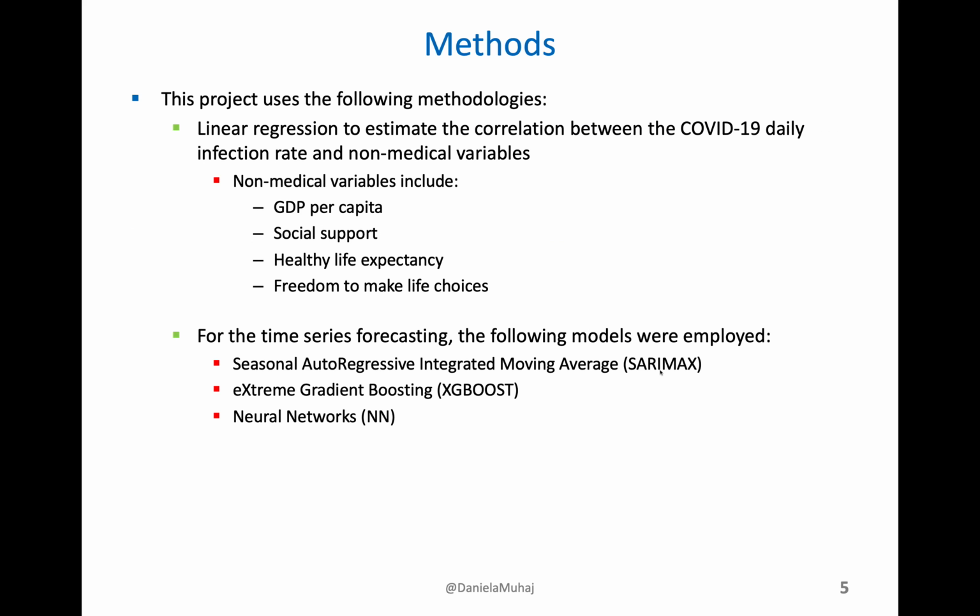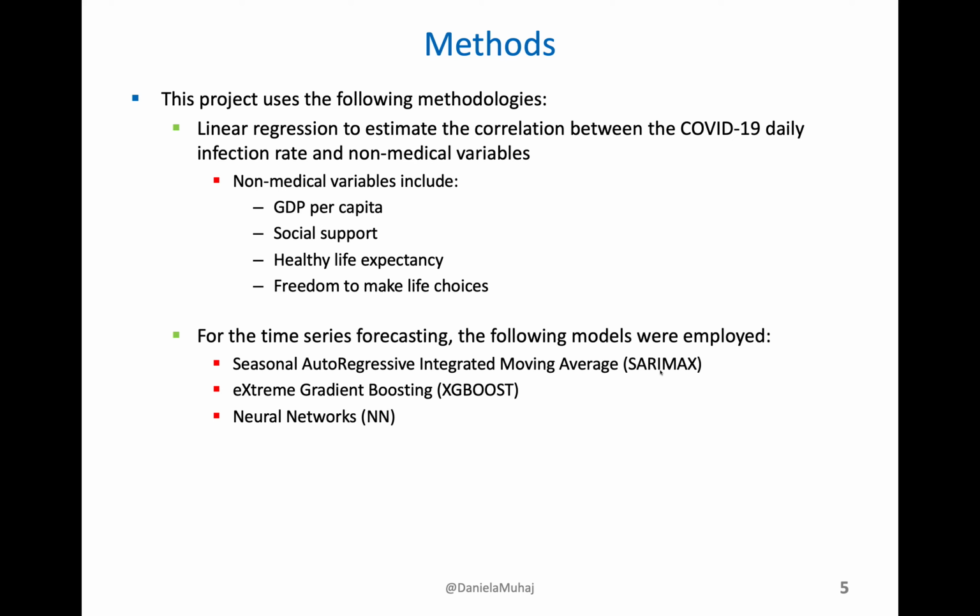The first part of the project uses a simple linear regression to estimate the correlation between COVID-19 infection rate and other variables such as the income per capita of the countries, the degree of social support and social safety nets that are available to people in those countries, expectations on the longevity and the healthiness of their life, as well as the degree to which people are free to make life choices in the given country.